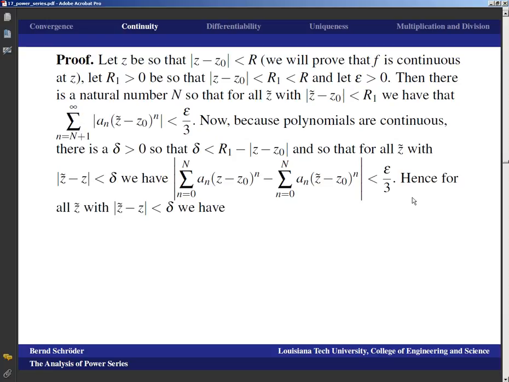Okay, so for all z tilde with |z tilde minus z| smaller than delta, these z tilde are in the disk of radius r1 around z0, and therefore we can talk about the following.